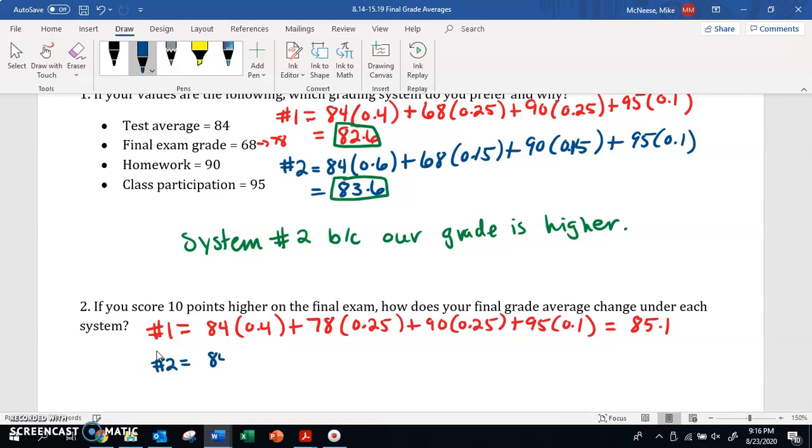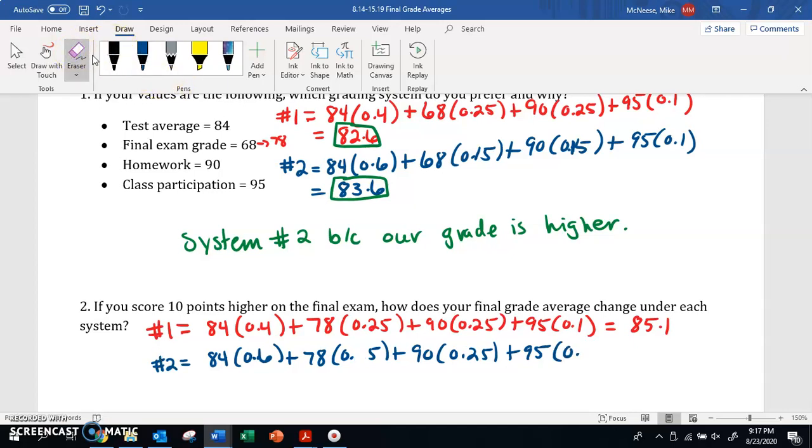For system 2, we should have 84 times 0.6 plus 78 times... I'm looking at the wrong system. Instead of 0.25, we've got 0.15 for each of these, and then 0.1 for the class participation.